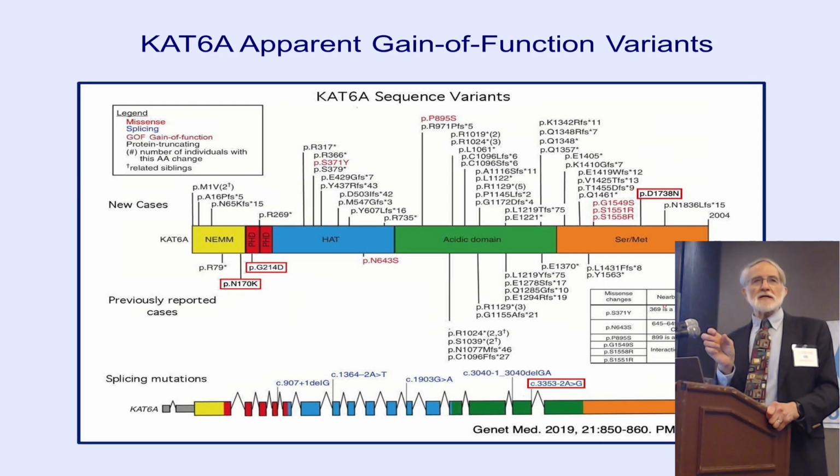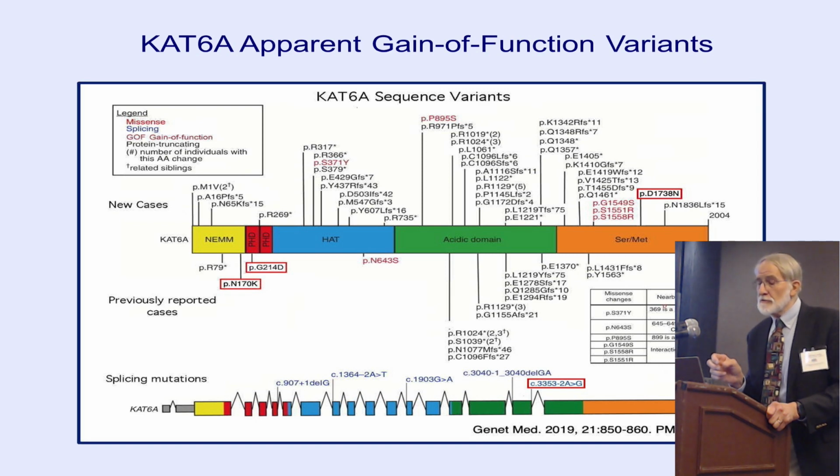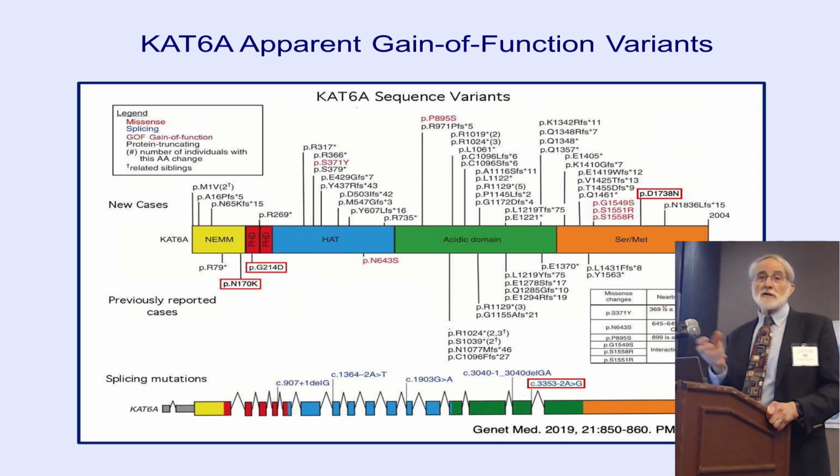So one can understand that if there's a mutation in the protein that makes it bind more efficiently or tightly to the DNA, then that might cause an increase in function.